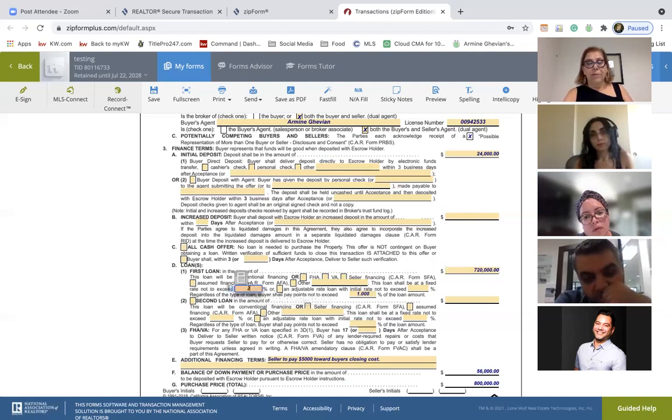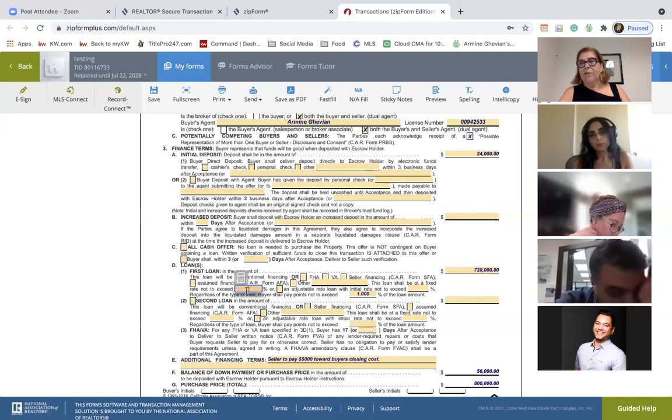What is the purpose of this paragraph in here? This loan shall be at a fixed rate not to exceed. To protect the buyer. Okay, so what will you write there? If the interest rate is 2.875, what interest rate will you write there?